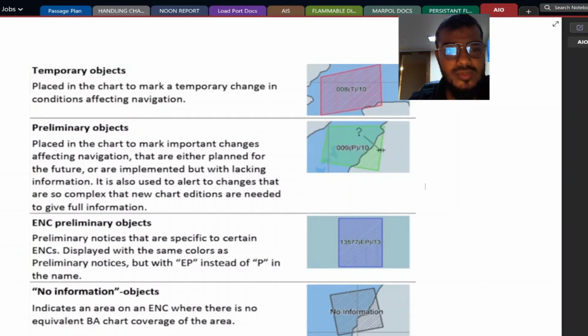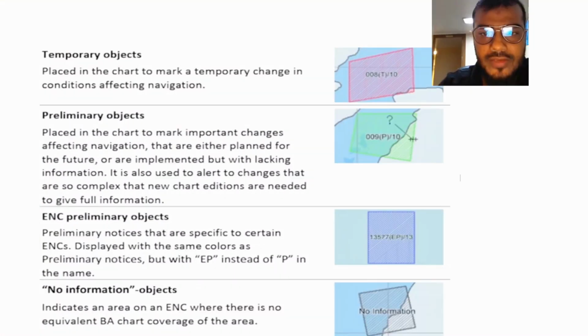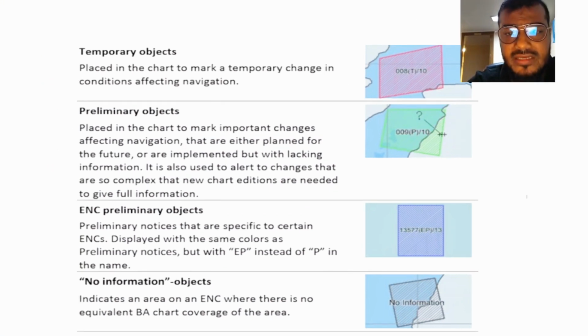Whichever ECDIS you are using, you will find exactly the same projection on the ECDIS display regarding the AIO. If the corrections are temporary, you will see it like this, red in color, and you will find the number in the middle with the year. You will find the area is covered by red marking like this.